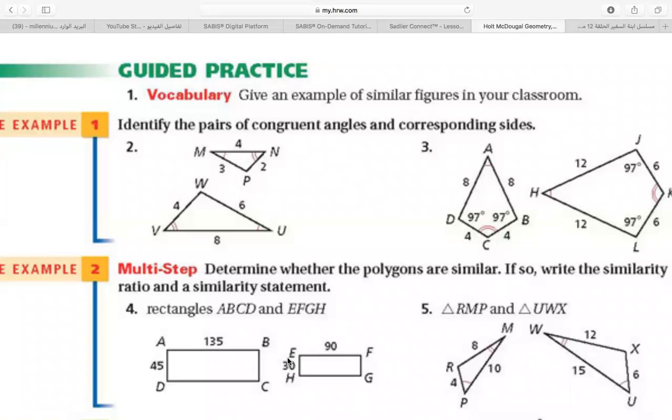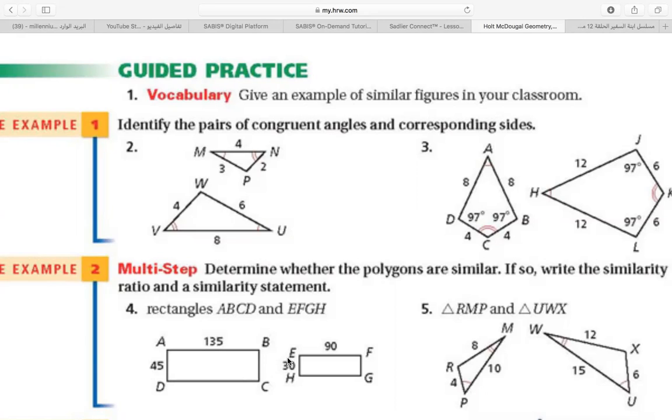As I told you in the beginning of the lesson, the order of the letters is so important. In rectangles, all the angles are 90 degrees, right angles. So I'm going to choose the corresponding sides according to the letters.